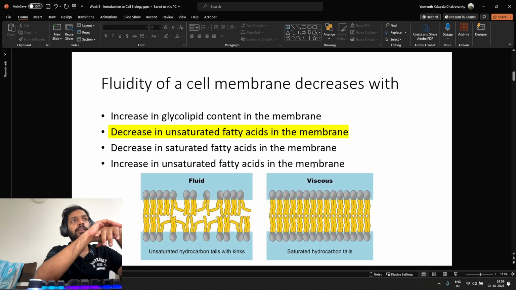But if it's saturated fatty acids, the packing is almost perfect, so very closely packed, and the membrane becomes viscous. This is one of the major functions of cholesterol in your body, where cholesterol maintains membrane fluidity of all your cells. So yeah, decrease in unsaturated fatty acids results in decrease in membrane fluidity.